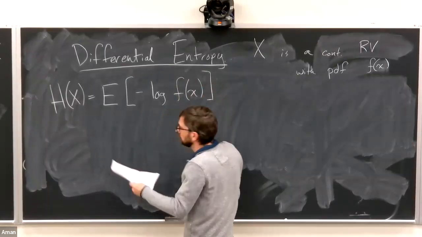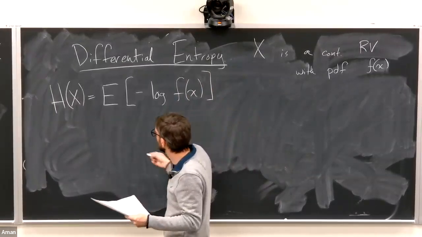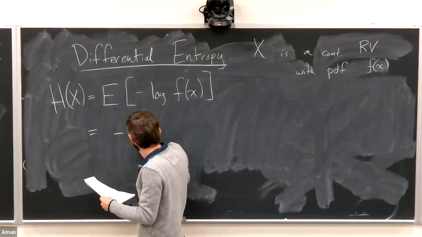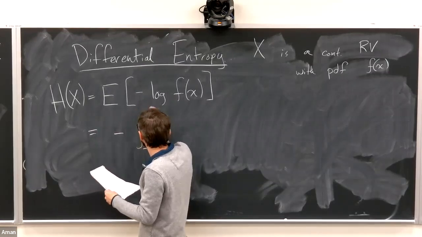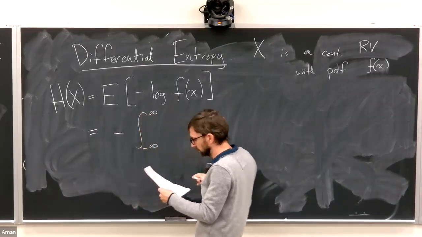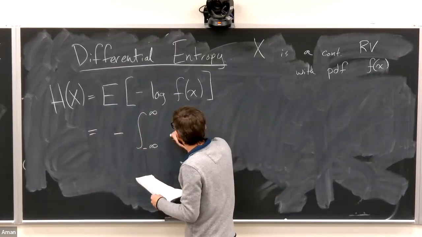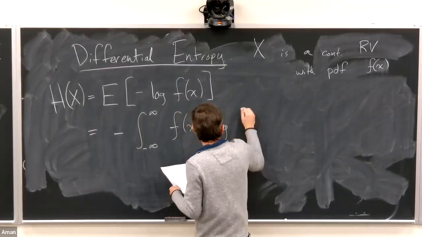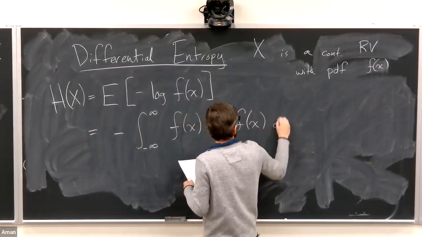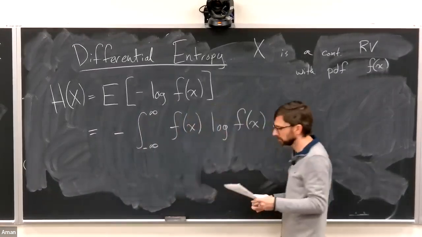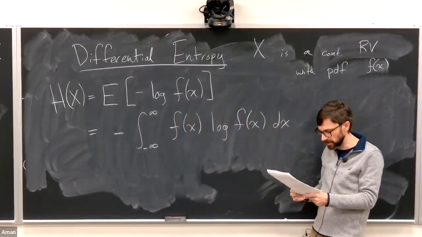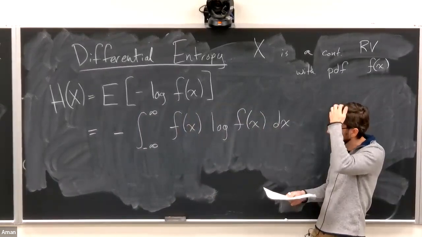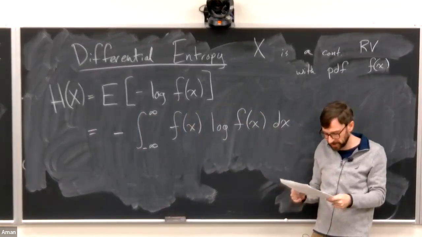So it's a very similar analog, where the density function just replaces the mass function. And of course, this looks like an integral. If this is a real valued variable, I integrate over the whole real line of f of x times log of f of x. So that's my continuous version of entropy, and it looks like what you'd expect based off the discrete version.